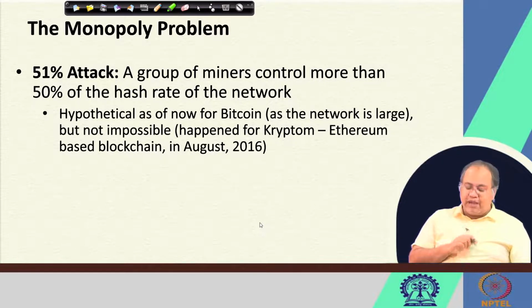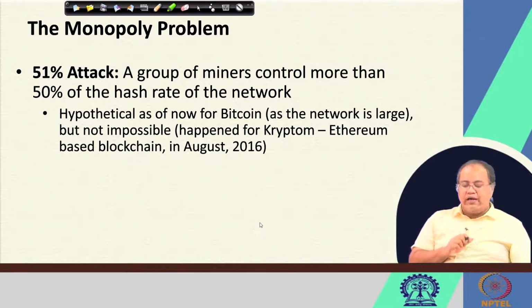For the time being, it is hypothetical, but it is not impossible. For the time being, the Bitcoin network is very large, so it is difficult to have such a monopoly problem on the Bitcoin network, but such a 51% attack happened on other blockchain networks like the Krypton blockchain network.